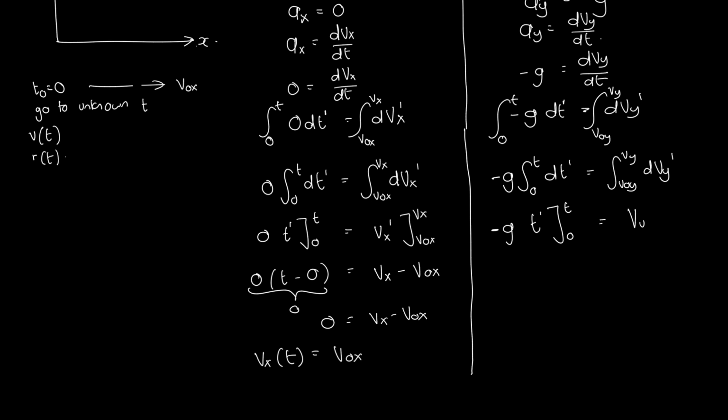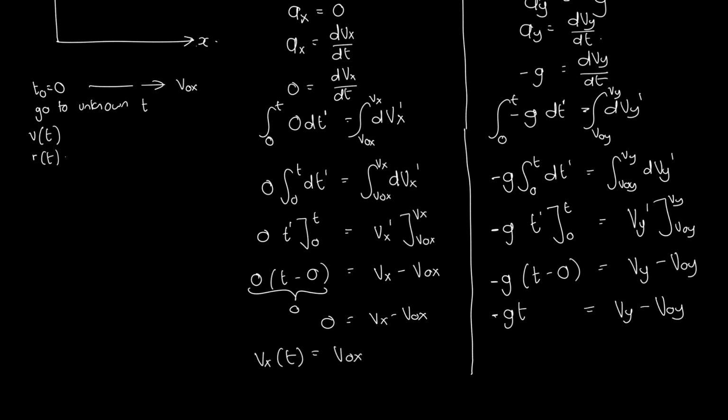This is going to be vy prime from v0y to vy. It's going to have minus g, t minus 0 is equal to vy minus v0y. So that's going to give us minus gt is equal to vy minus v0y.